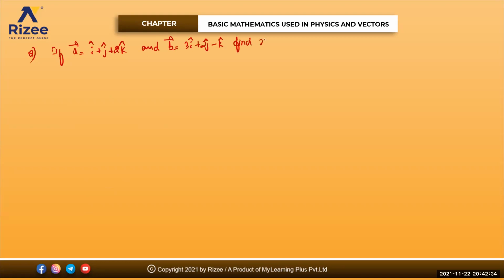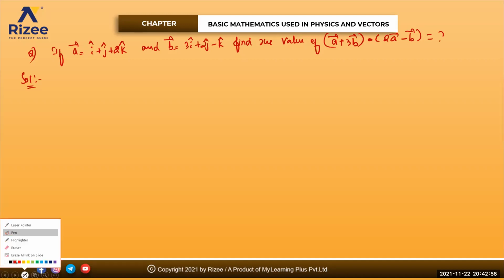My question is, find the value of a bar plus 3b bar dot 2a bar minus b bar. Can anyone try? A bar is given, b bar is given. We need to find the value of a bar plus 3b bar dot 2a bar minus b bar. You need to just multiply.